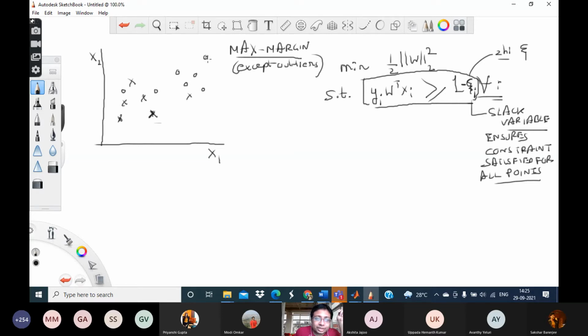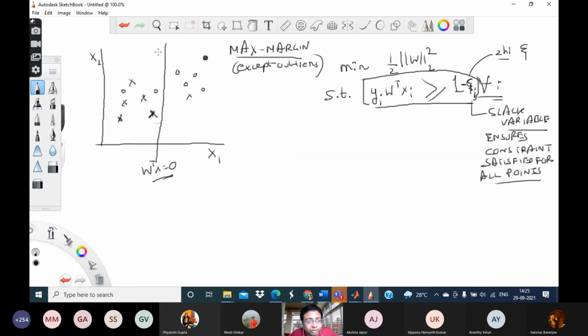For example, let us say we are choosing this w, where this is w transpose x equal to 0. Let us say this is the optimal hyperplane classifier that we are considering.